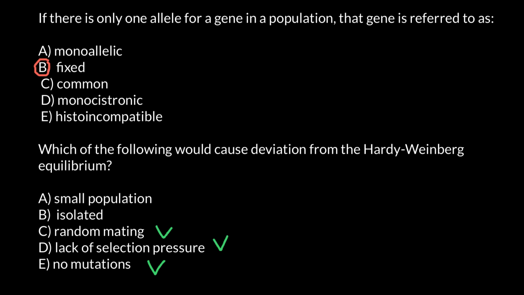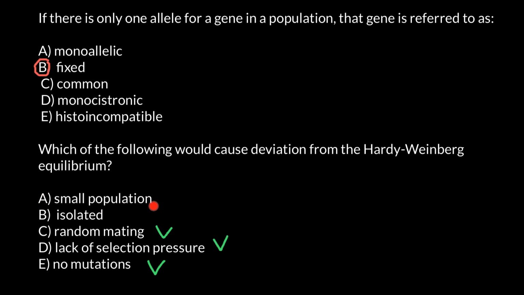Both of them could be correct, but for example, an isolated population usually is a small population, but not necessarily. Say, for example, the Japanese have been isolated on their island for centuries, but we cannot say that this is a small population.